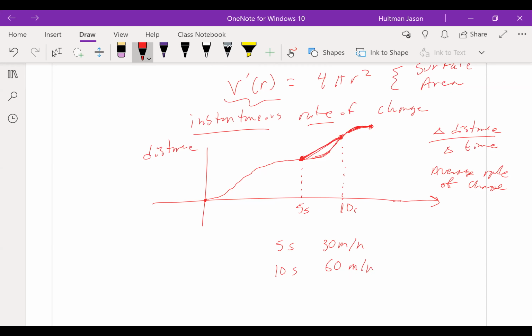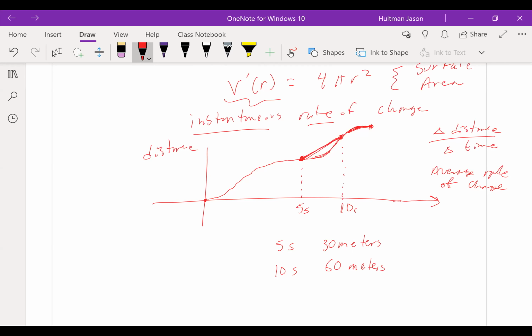And so here's the idea. What's the average rate of change? Well, let's not do miles per hour. Let's just do meters, because that's going to make a whole lot more sense.